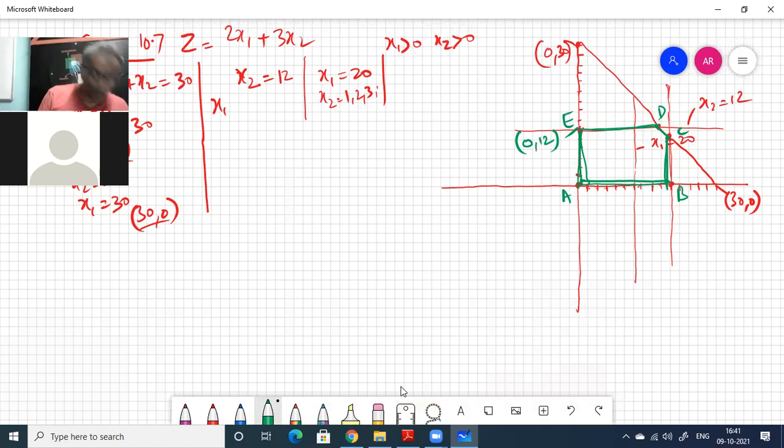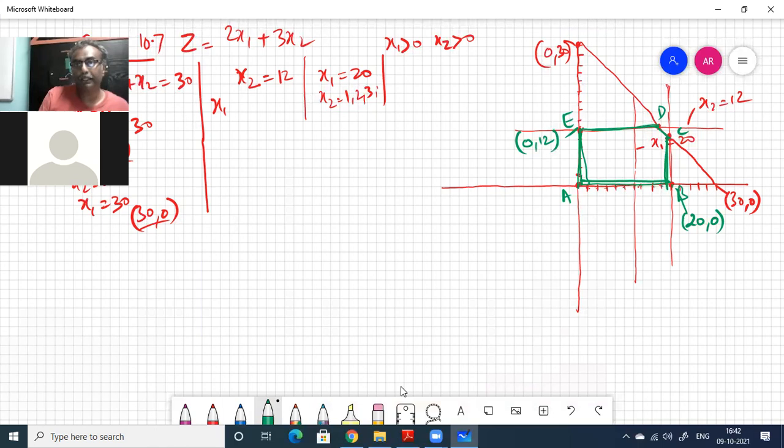This point is 20, 0. So that is also easily known. Now we have to find C and D.